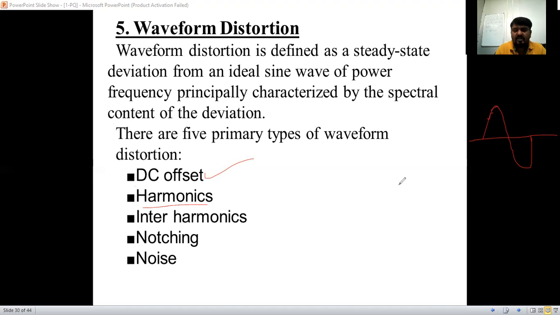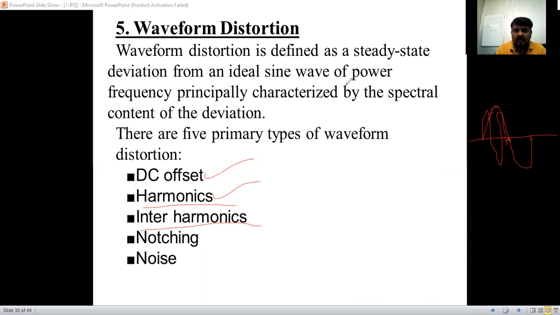If harmonics are there, the frequency changes, with an integer multiple of the original voltage and current frequency. That is called harmonics. Without integer multiplication, that is called interharmonics.